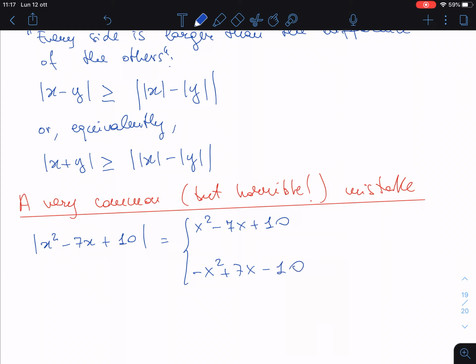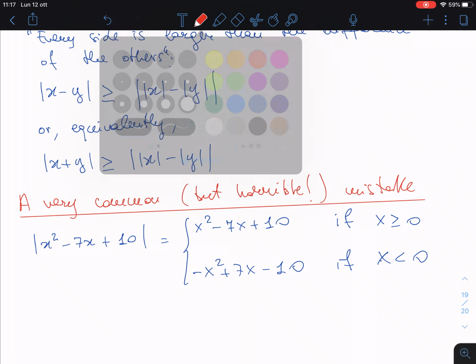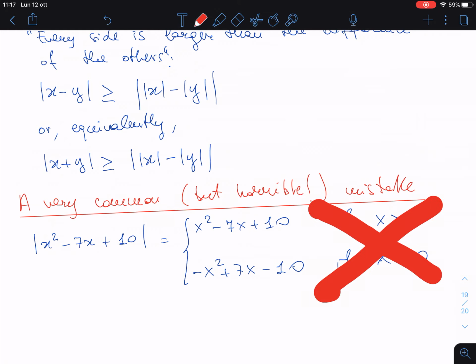You have to say for which values of x, and a very common but really infamous mistake is the following. You write down this and then you say this is true if x is larger or equal than 0 and if x is less than 0. And this is horrible, and I want you to understand it very well, okay? This is horrible, very horrible.